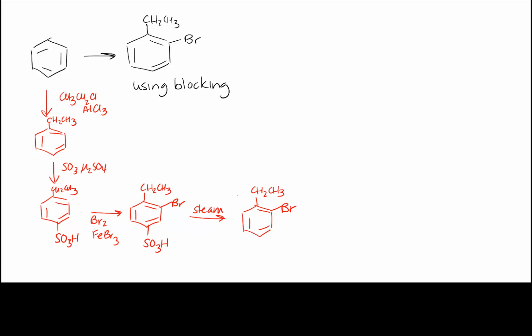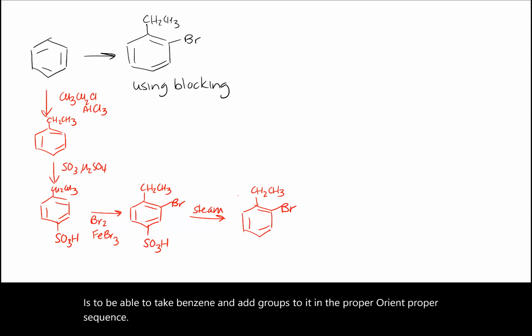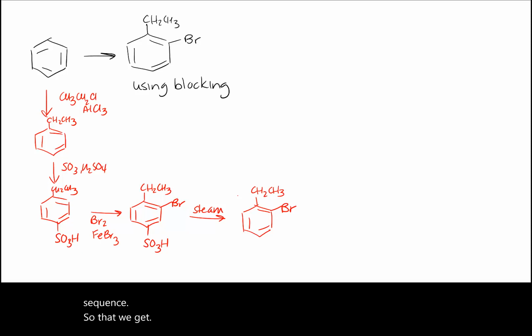Okay. So what I've shown you in this lecture is that our ultimate goal is to be able to take benzene and add groups to it in the proper sequence, so that we get the molecule that we're looking for.